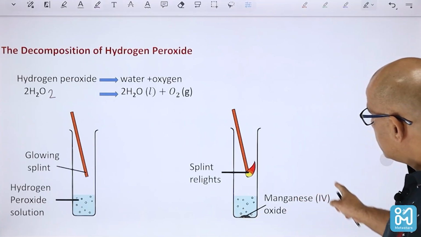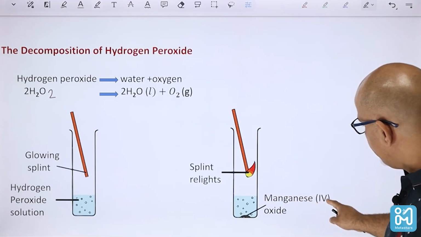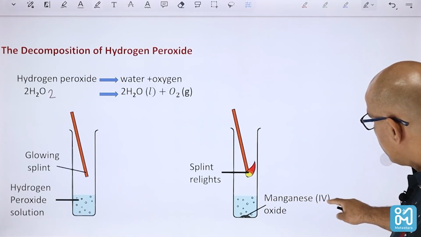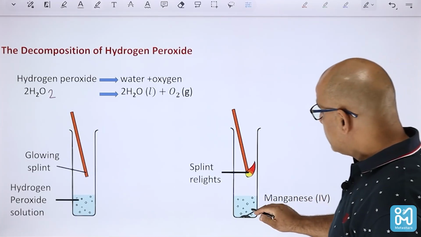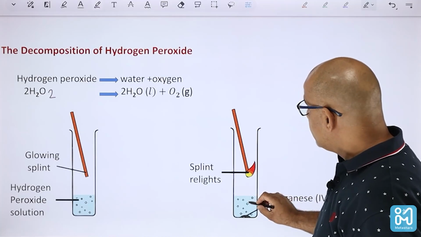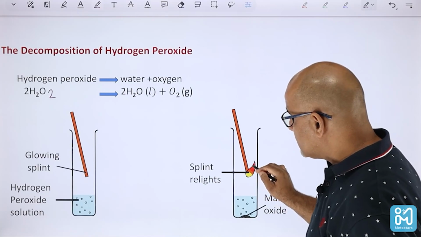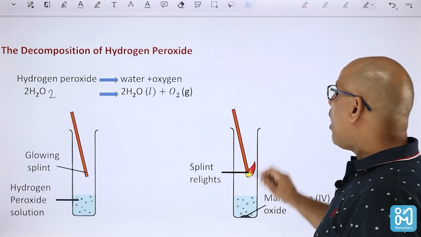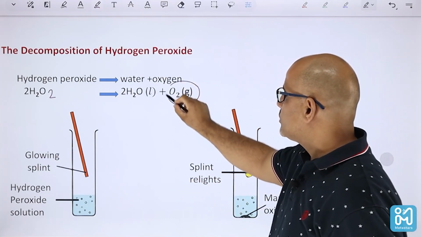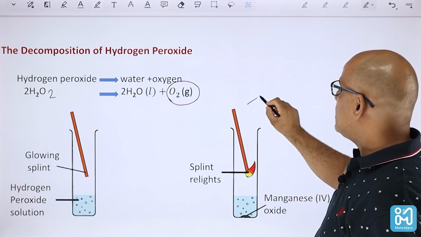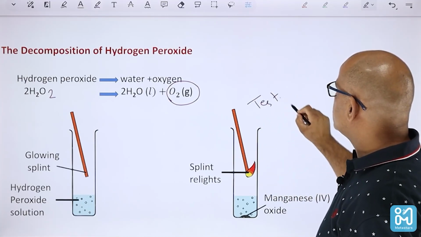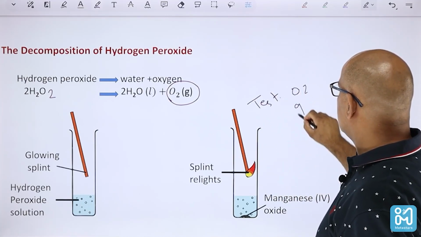And for using the manganese(IV) oxide here, which is a catalyst, the glowing splint was relit because oxygen was produced, and we know that is the test for oxygen gas.